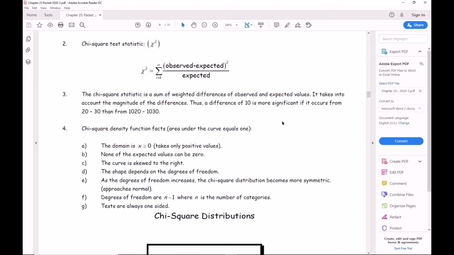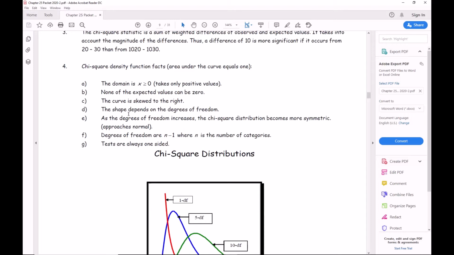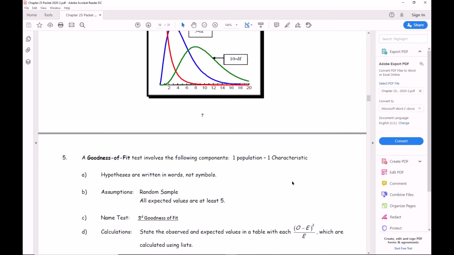Weighted insofar as a difference of 10 is more meaningful when the numbers are smaller than when the numbers are bigger from your observed to expected. These chi-square density facts were good. Remember, degrees of freedom are n-1 for goodness of fit, but we had a more complicated formula for the other 2. Remember, we took out the approach as normal, so none of that. Tests are always one-sided, no confidence intervals.